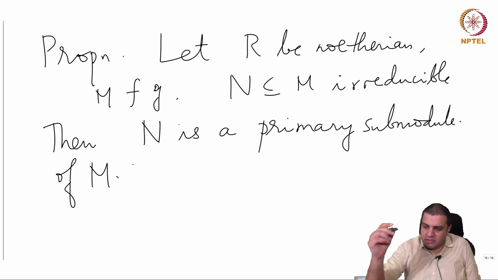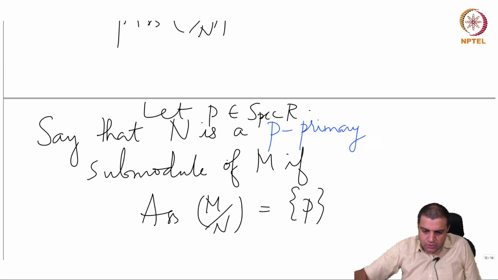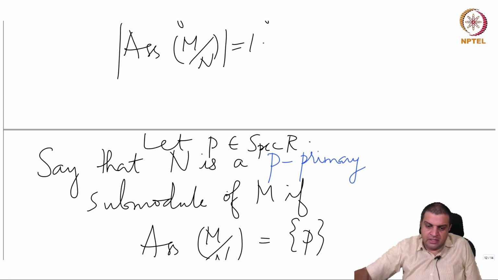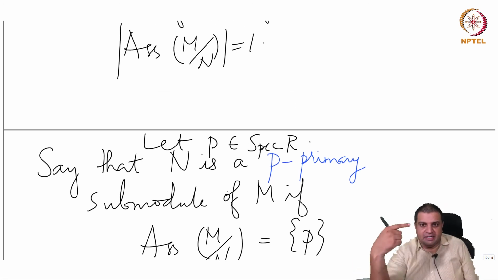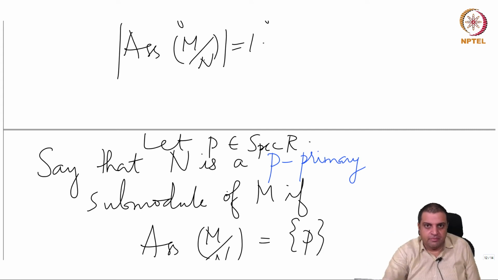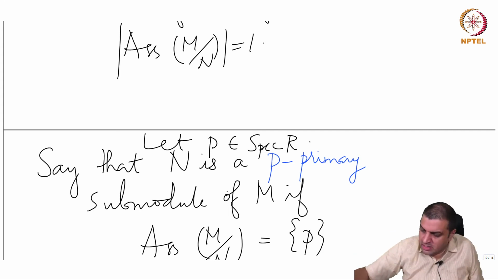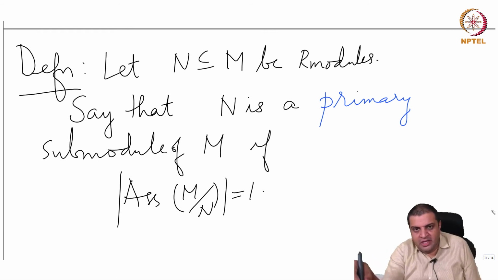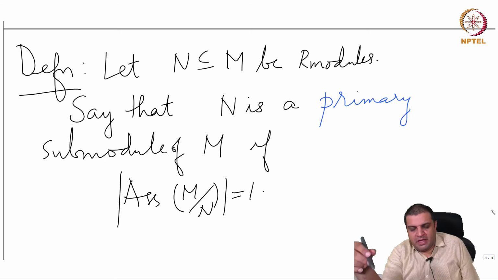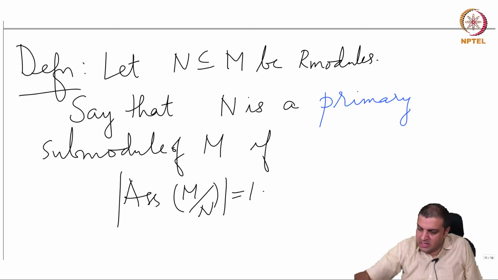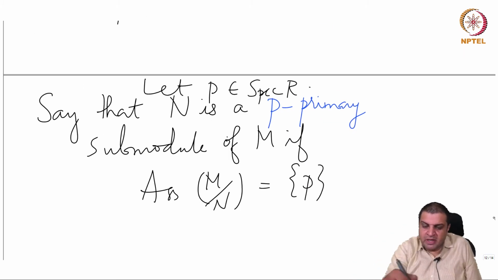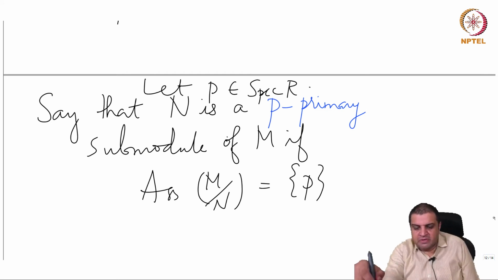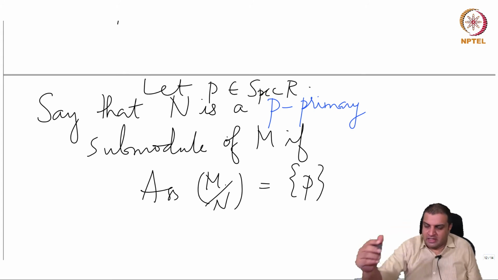Just one more point, going back to the definition. This is a statement not about M and N independently. It's a statement about the quotient. Okay, so just one remark: N is a primary submodule of M if and only if 0 is a primary submodule of M mod N, and similarly N is a P-primary submodule of M if and only if 0 is a P-primary submodule of M mod N. The statement is always about M mod N and not about M and N separately.